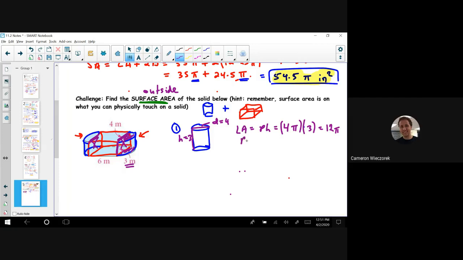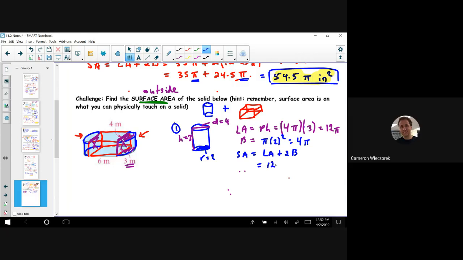And then the base area, if I look at one of the circles on the bottom, if the diameter is 4, that means the radius has to be 2, cut it in half. Pi times r squared would be 4 pi. So then the total surface area for the cylindrical parts of that big object is going to be the lateral area plus 2 times the base area.